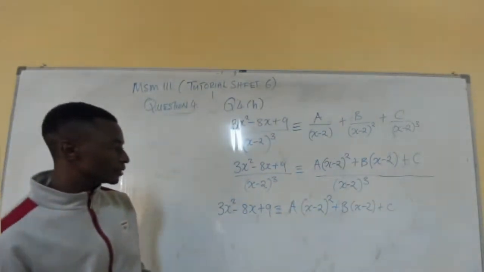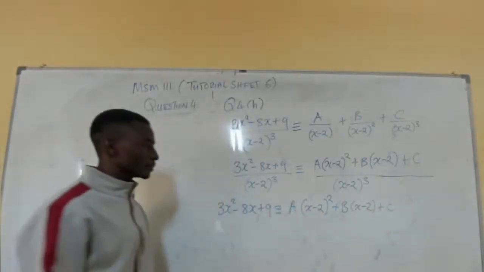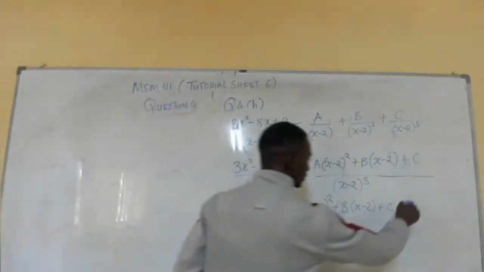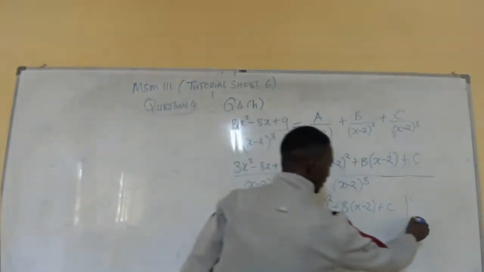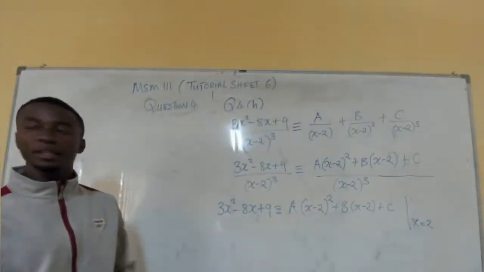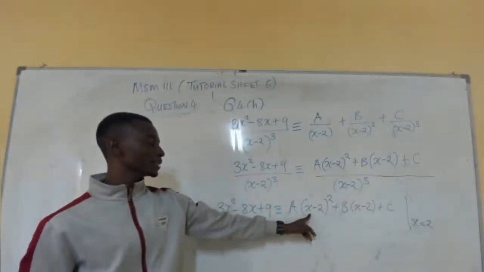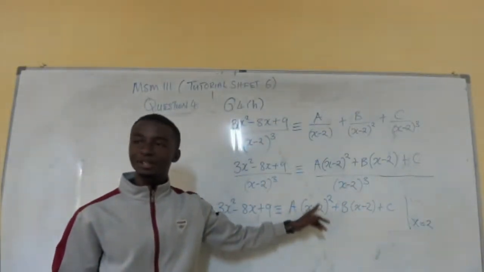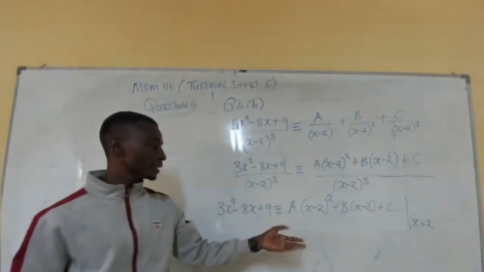The easiest is finding the value of C. For you to find the value of C, you can say at x equal to 2. If you substitute there, 2 minus 2 is 0, and 0 to the power 2 is just 0, so 0 multiplied by A is 0.